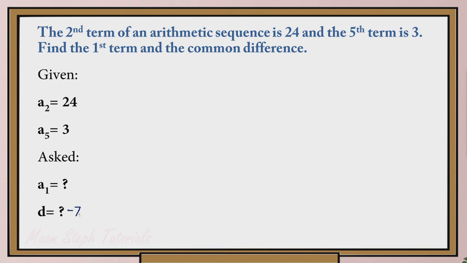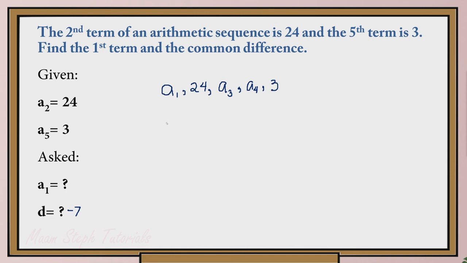So ngayon naman na meron na tayong negative 7 na common difference, makukuha na natin yung ating a sub 1. So take note na sa sequence natin, yung a sub 1 natin ay unknown, tapos yung kasunod niya ay 24, and then di natin alam ang a sub 3. So hindi natin po problemahin ang a sub 3 at saka a sub 4 kasi hindi naman yan yung hinahanap.